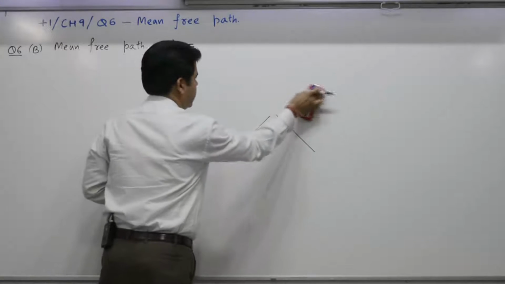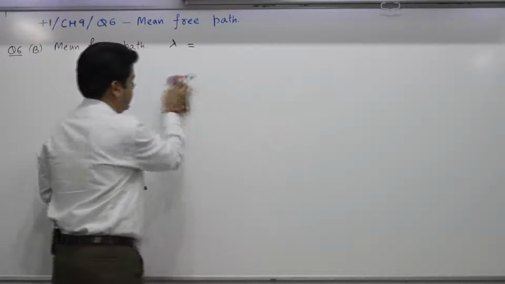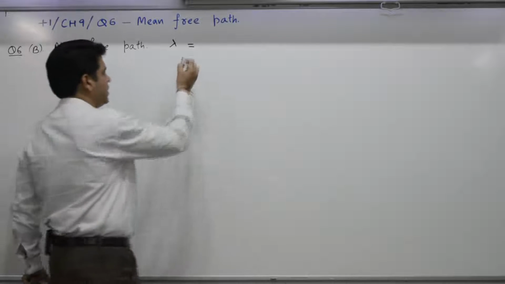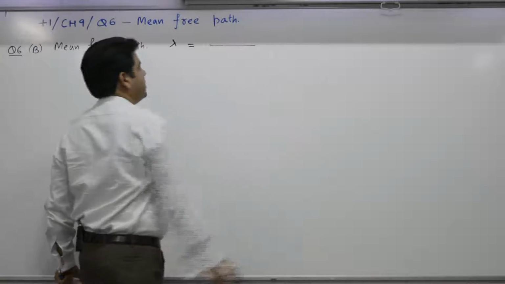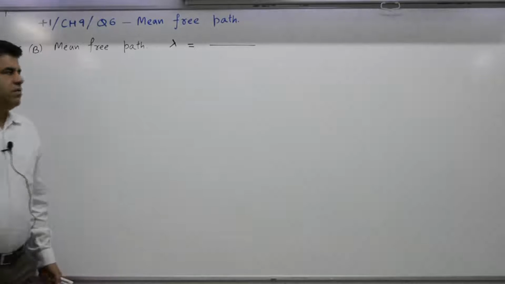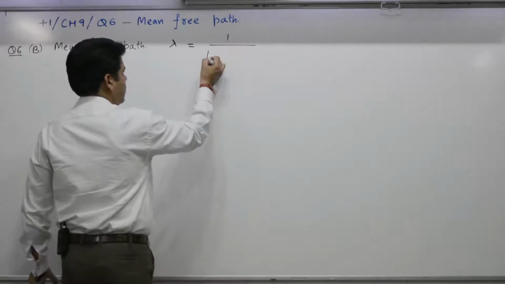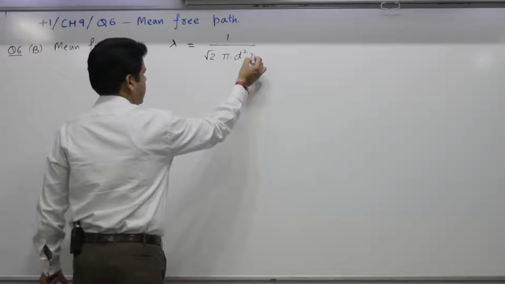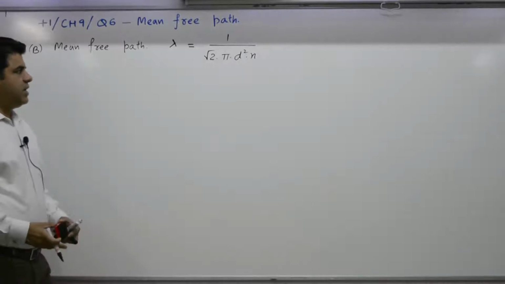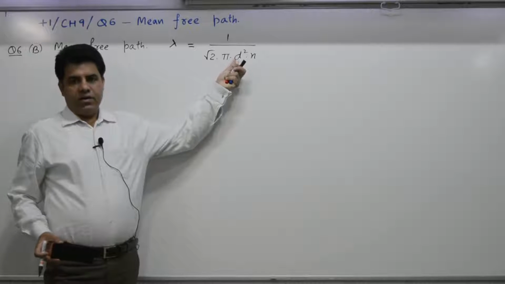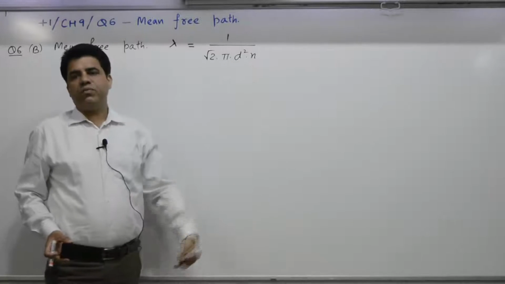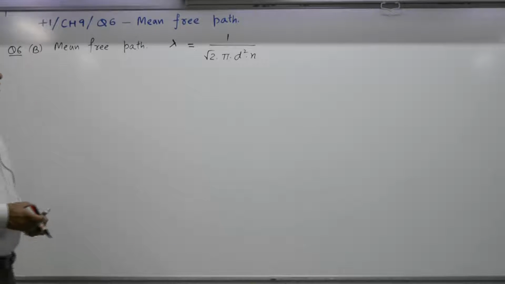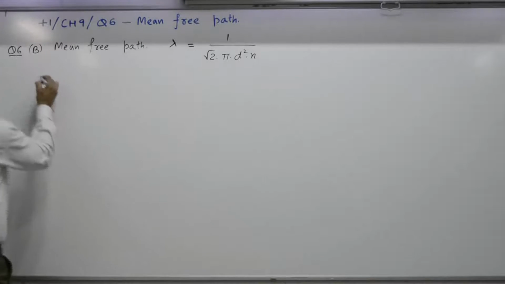If d is the diameter and n is the number of particles per unit volume, then lambda is equal to 1 by root 2 pi d square n, where d is the diameter of the molecule and n is the number of molecules per unit volume. How to prove this? That is the proof for the same.